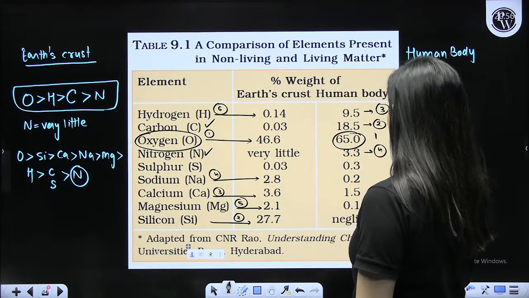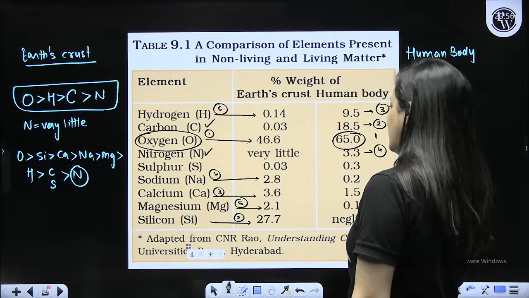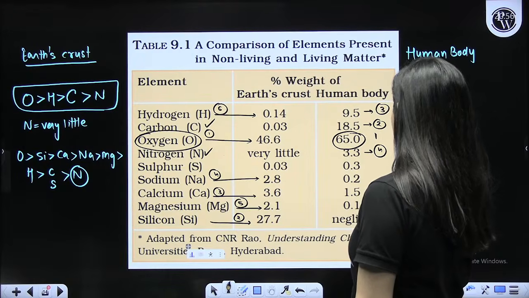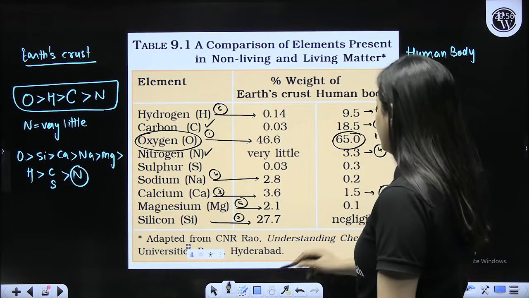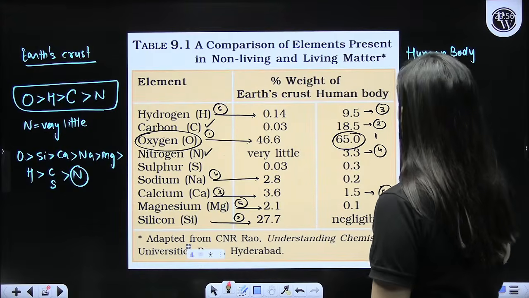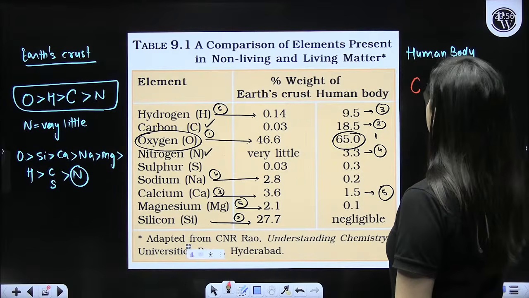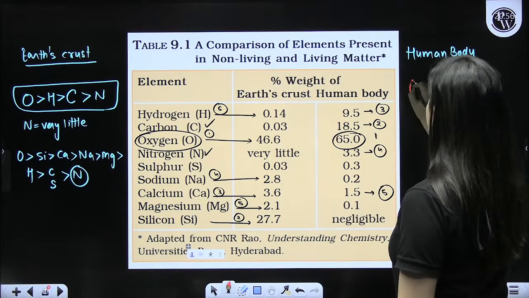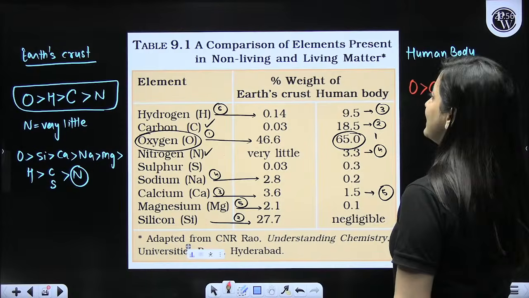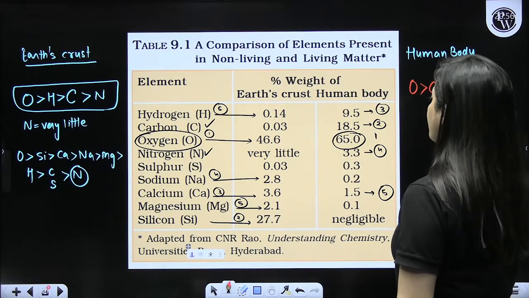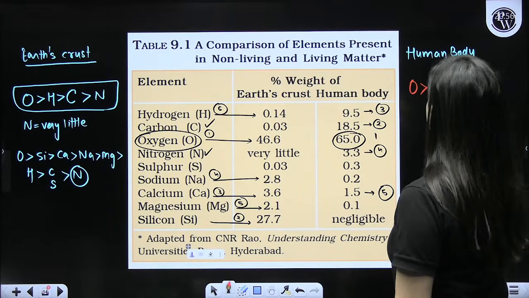After that, fifth will be calcium. So after oxygen, you have carbon, then hydrogen, and then we have nitrogen. That's what you have to remember.